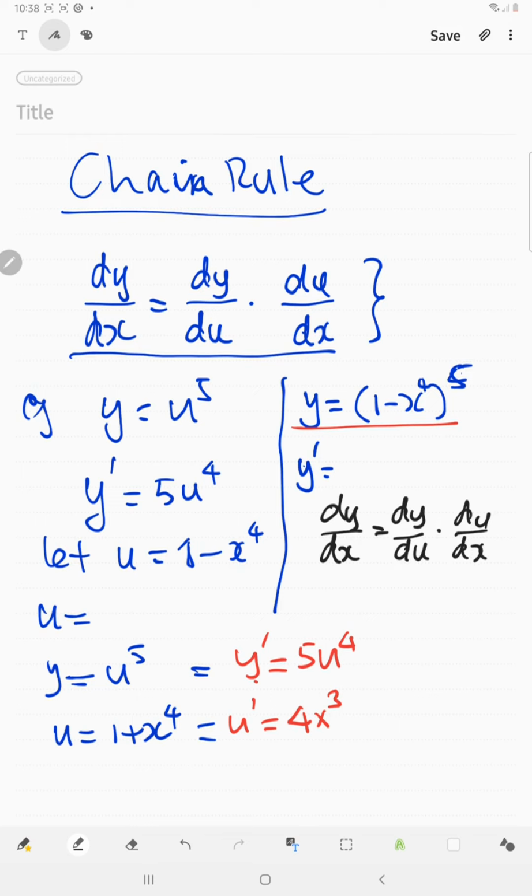In this case, you just take the product, because this one is equal to dy/du, and this one is equal to du/dx.